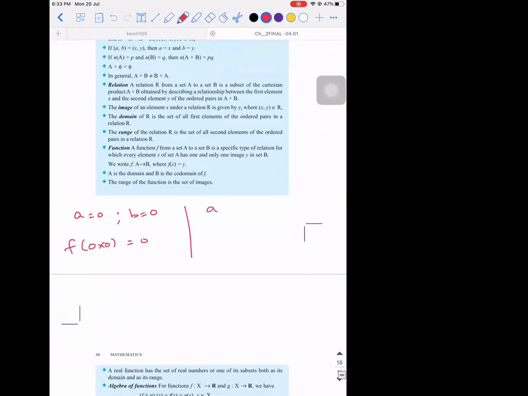A is equal to 1, B is equal to 0. F of 1 into 0 is how much? Because A plus B, it is 1. So here I'm getting F of 0 as 0 and here I'm getting F of 0 as 1. So is it possible? Is it a function? No, sir. Is there anyone who's not clear? You want me to explain it again?